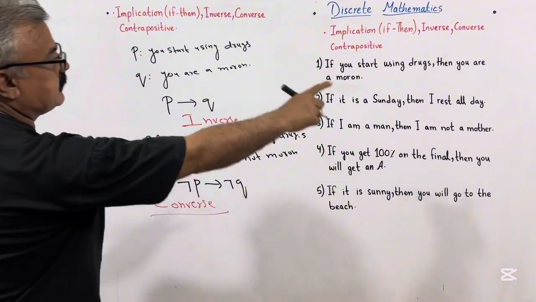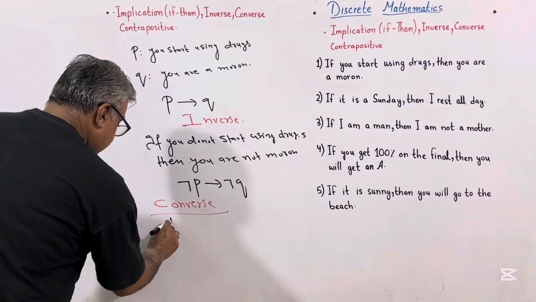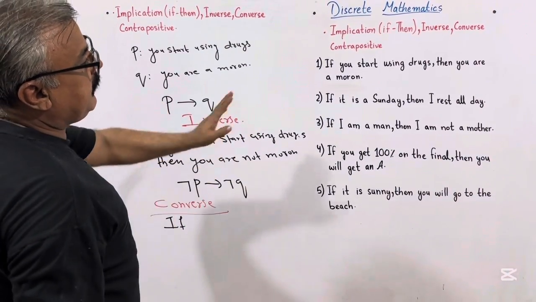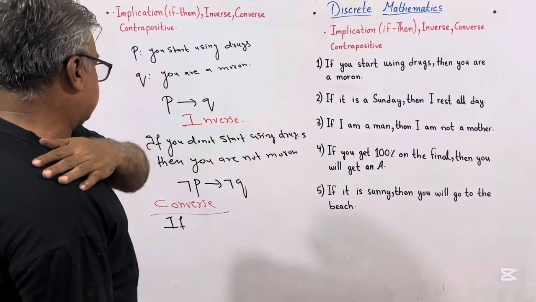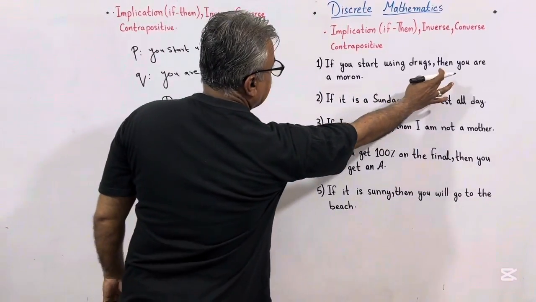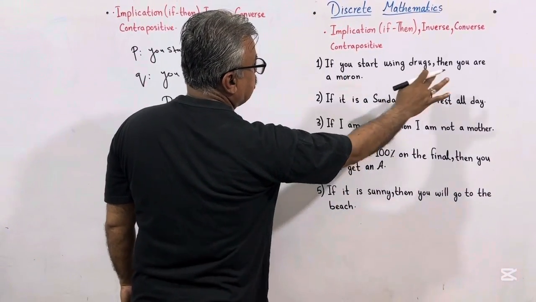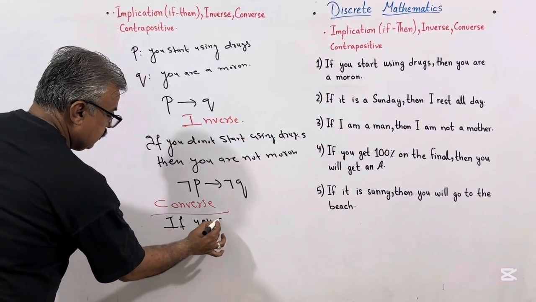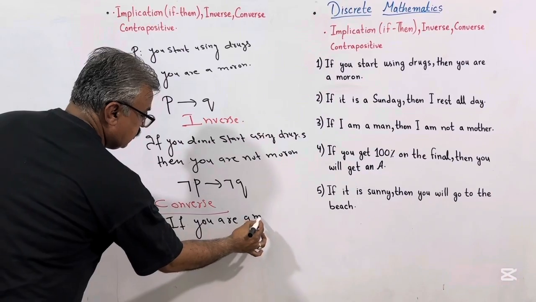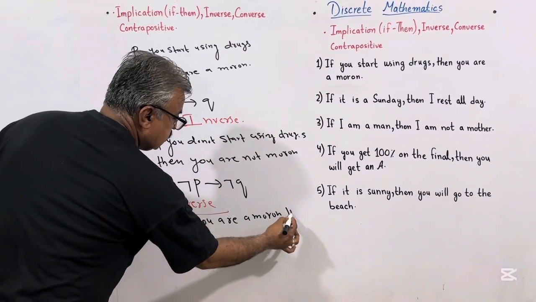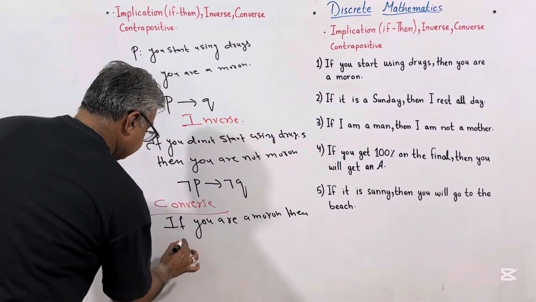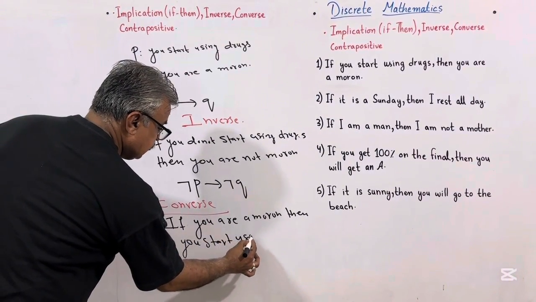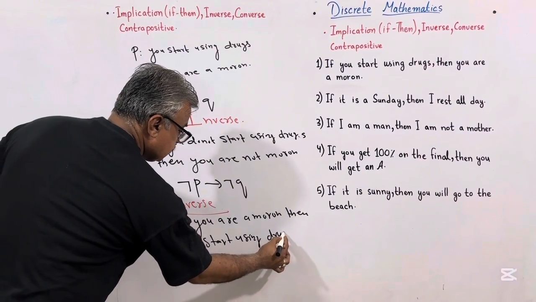We change the position of both statements. The dependent will become the condition and the independent will become the conclusion. So: if you are a moron, then you start using drugs.